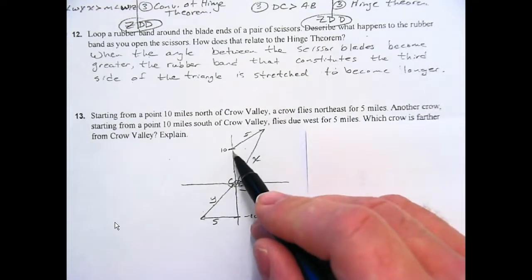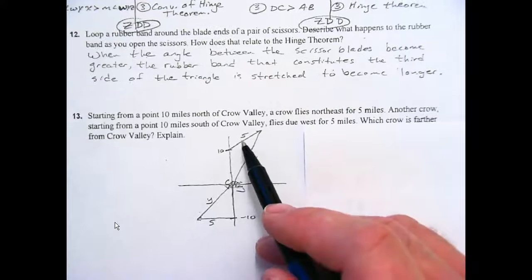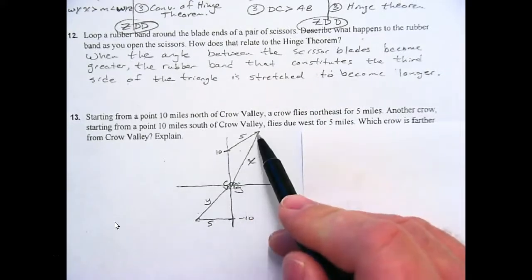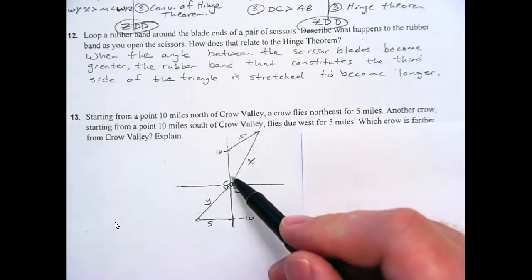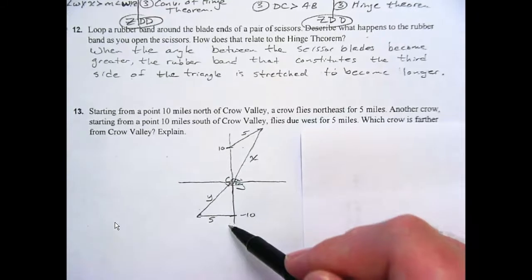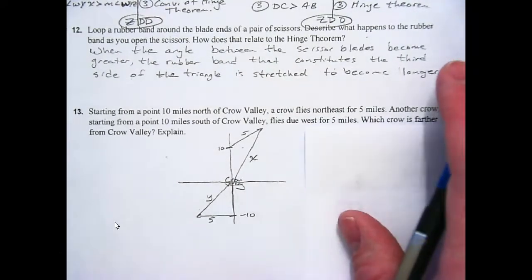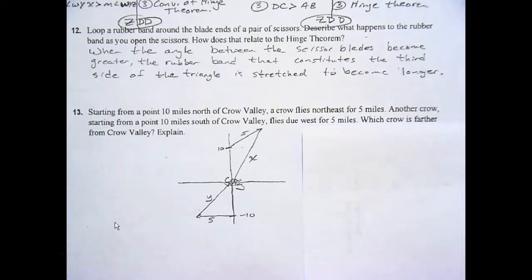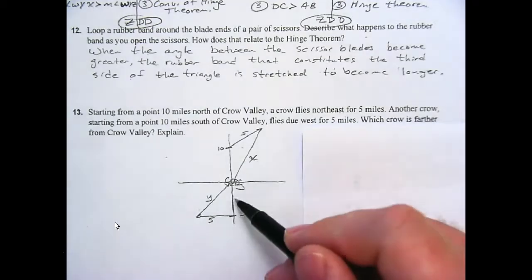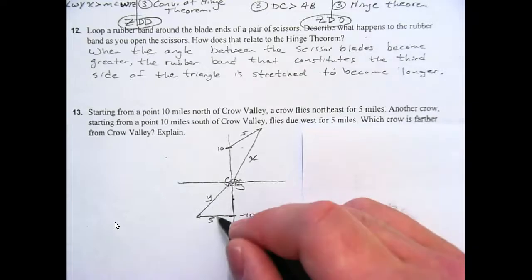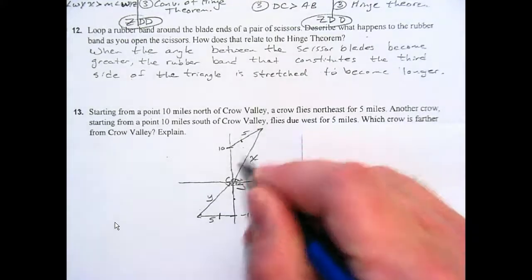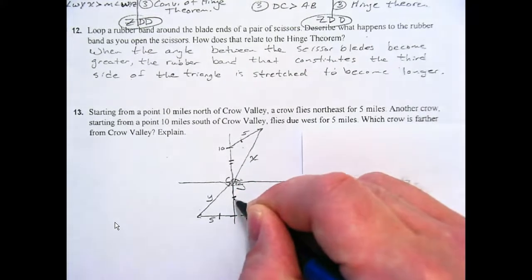Okay, a crow flies northeast for 5 miles. Another crow goes 10 miles south and travels due west 5 miles. Okay, which crow is farther? The one that flew due west, isn't it? Both the same distances, right? That's equal to that. That's equal to that.